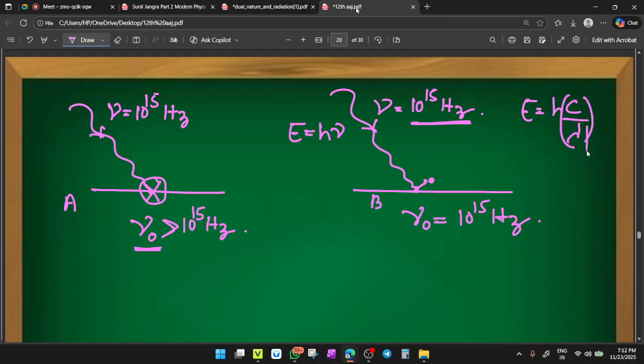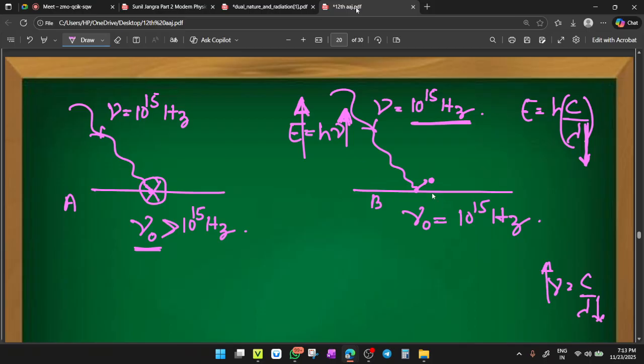And if the frequency increases, the energy of the radiation will increase.